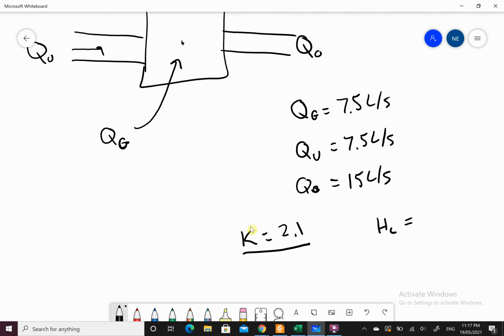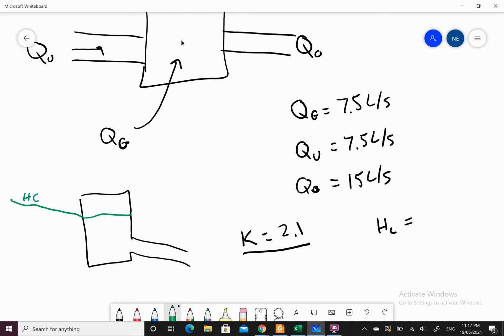So let's have a look. If I have a pit, something like this, pipe coming out of it, another one there, and my hydraulic grade line coming down across, HGL, if I'm trying to work out how much this drops down by on the outside due to my shock loss, this loss here is equal to, if you have a look at your notes, I think it's KV squared on 2G.